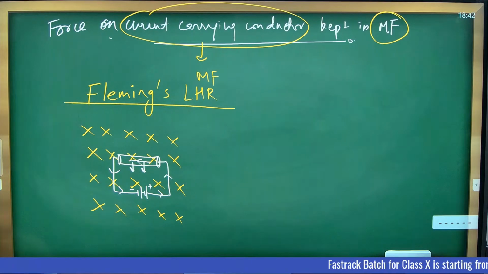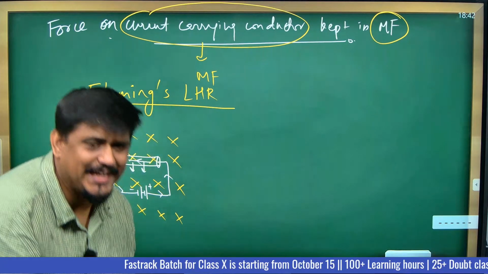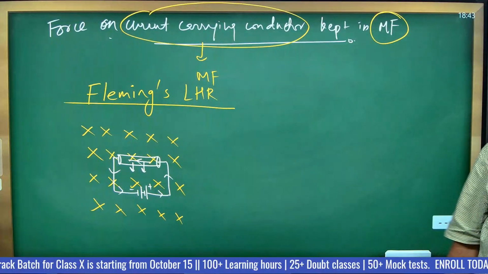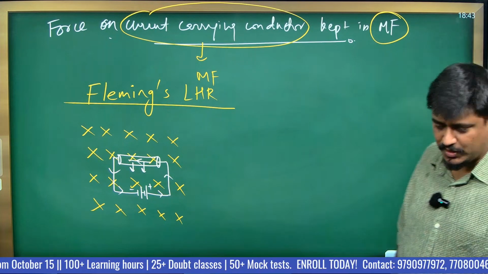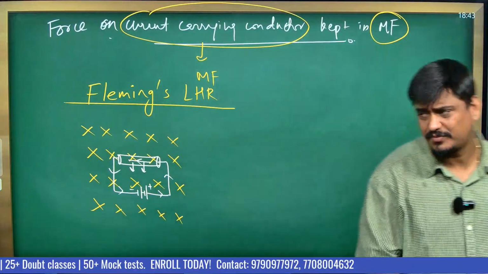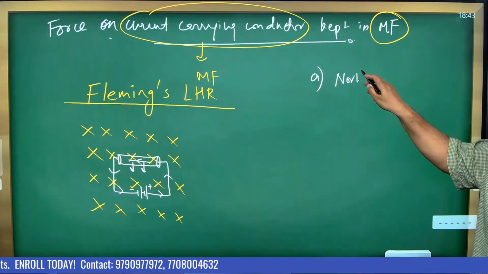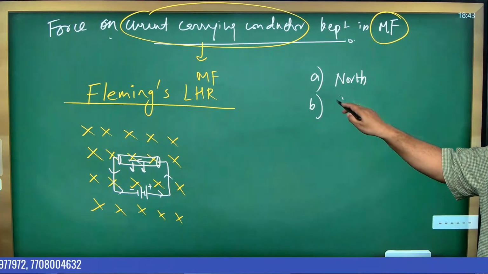The electron will get deflected towards the north. Towards the north. Okay. For making it simple, I'll give 4 options to you. First option, as Preetham told, north. Second option is south.